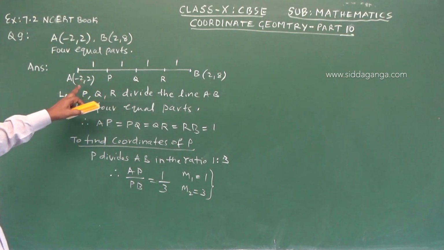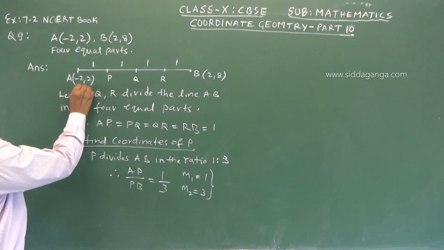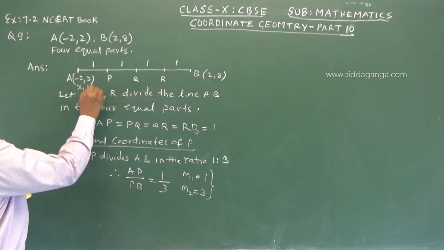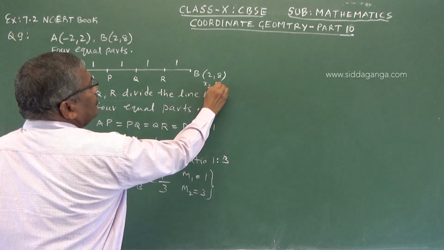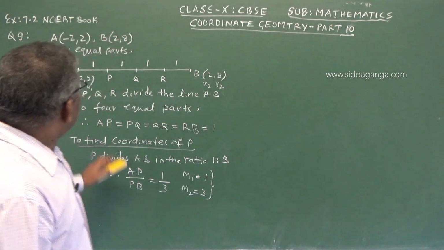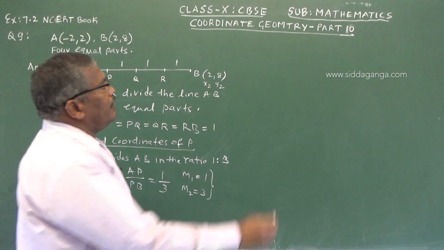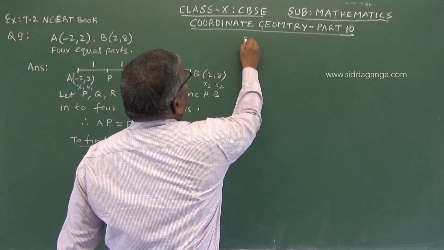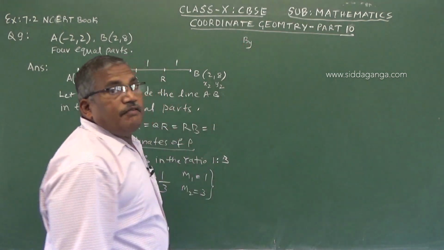Now call these x1, y1 and x2, y2. The coordinates of P are given by the section formula.